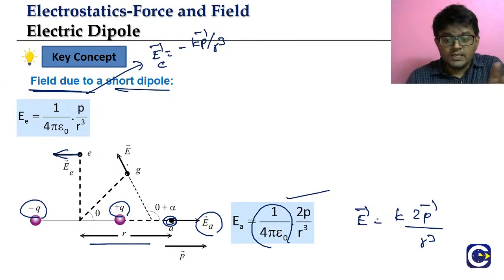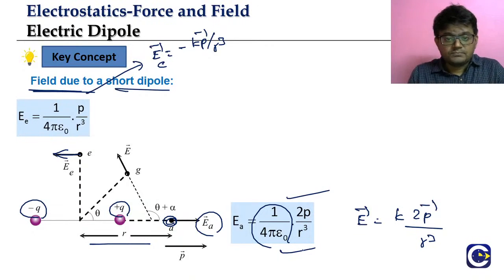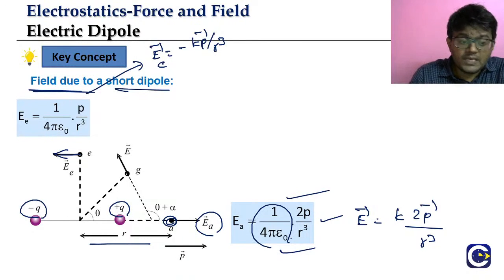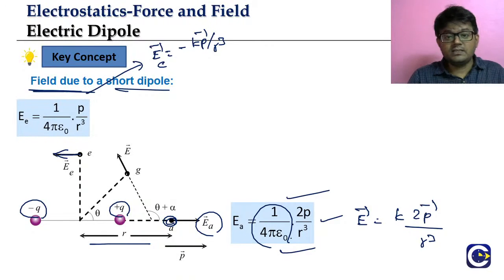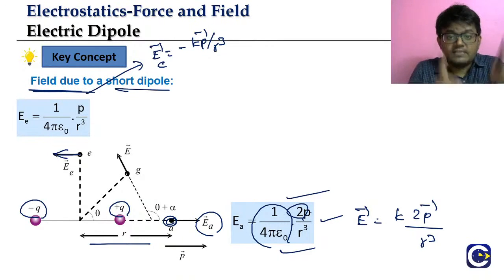Magnitude-wise, take a point on the axial line, and at the same distance mark a point on the equatorial plane. What is the electric field magnitude? On the axial line it is 1 by 4 pi epsilon naught into 2p by r cube, and on the equatorial plane it is 1 by 4 pi epsilon naught into p by r cube. So the conclusion is that the electric field at a point on the axial line will be 2 times the electric field at a point on the equatorial plane for the same distance.